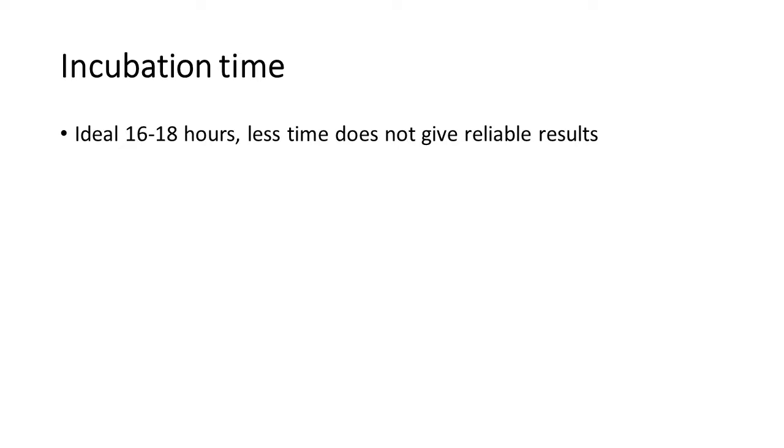If it is less time, sometimes the zone of inhibition may be low. Here the temperature and the time are inversely related: when the temperature increases, we have to reduce the time.